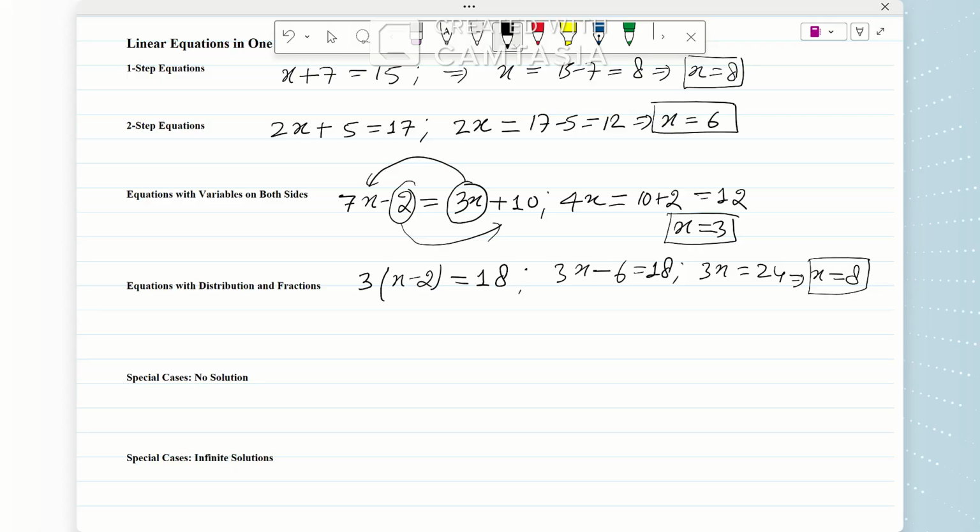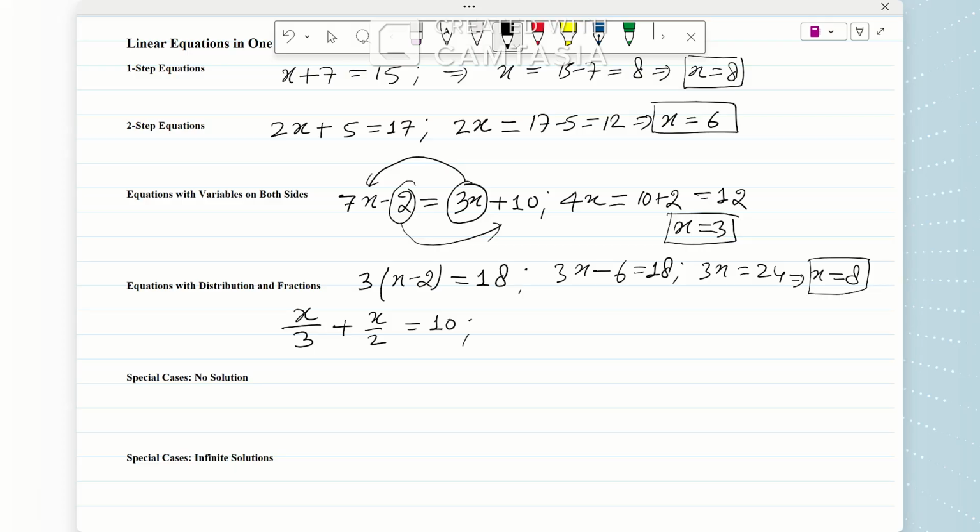Now, let us say you have a case where an equation involves fractions. Consider this: x by 3 plus x by 2 is equal to 10. Okay. Now you need to take the LCM, or you can multiply the equation on both the sides by the LCM. Okay. So you will use the knowledge of your rationals.